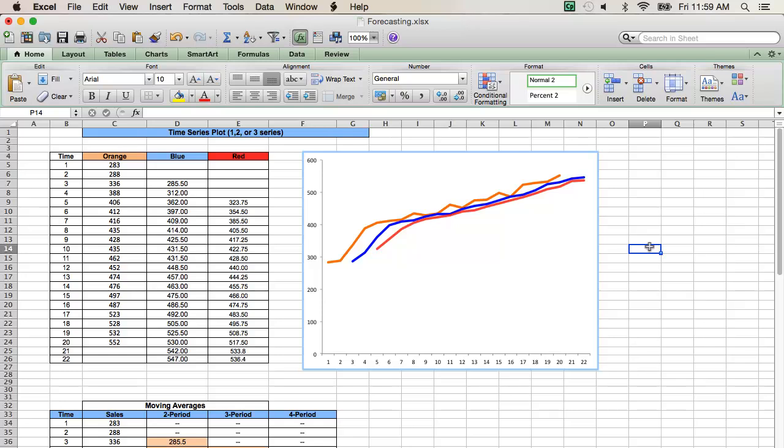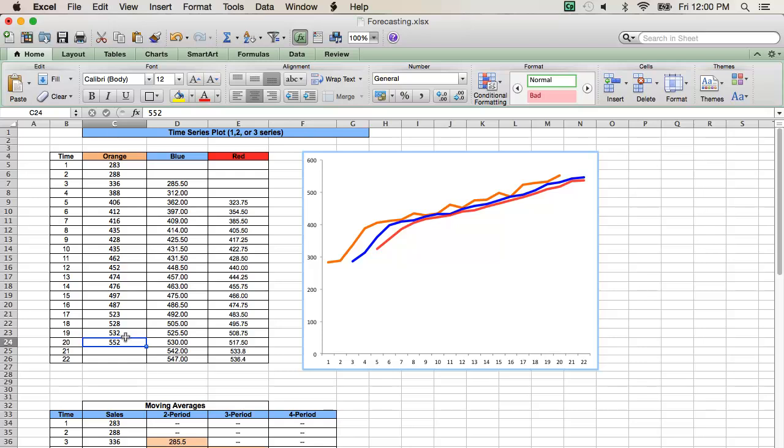A main drawback, however, of the moving average is that it provides a constant weighting to each time period. Specifically, the earlier data is weighted equally as the later data in the process of creating our moving average.